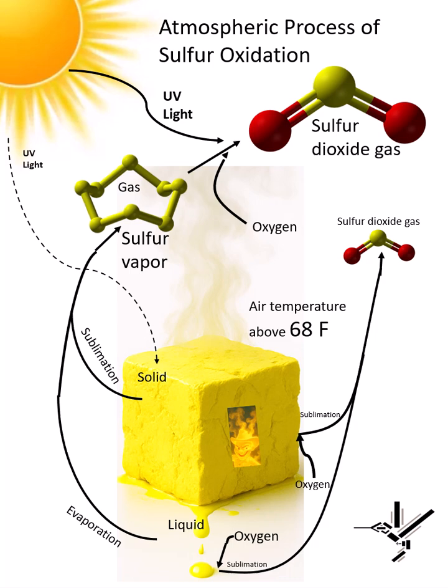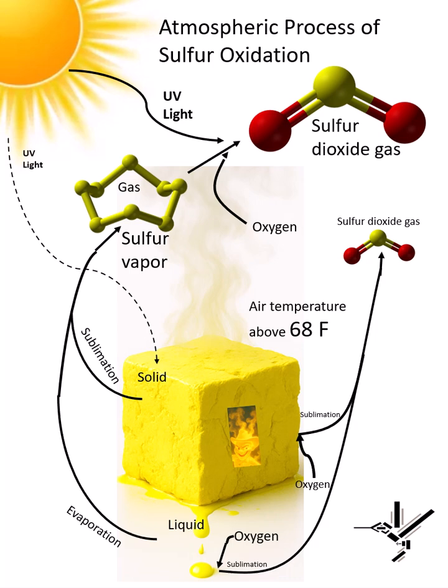Now, there are some pollutants that can convert sulfur vapor directly to sulfur dioxide gas, such as ozone, where ultraviolet light then is not required. But in general, in the absence of pollutants, sulfur vapor requires sunlight to convert to sulfur dioxide gas.